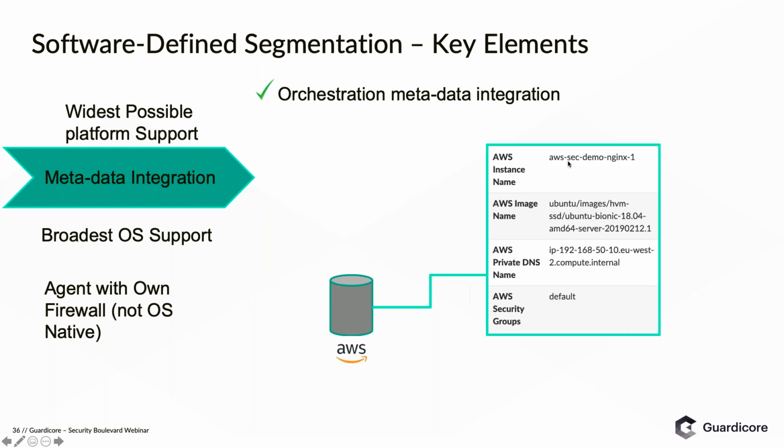Here's an AWS example. For an AWS object, I need to know the instance name, the image name, the private DNS, the security groups, and even things we don't show here, like it's AWS East, Europe 1, that kind of thing. All this rich metadata allows you to understand what the workloads are and to create the right labels.